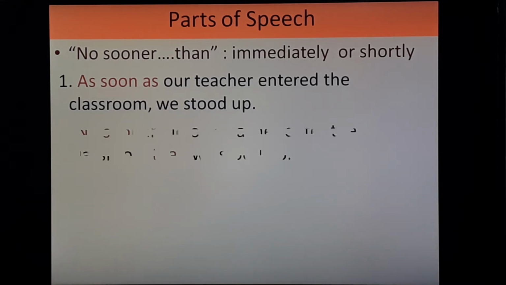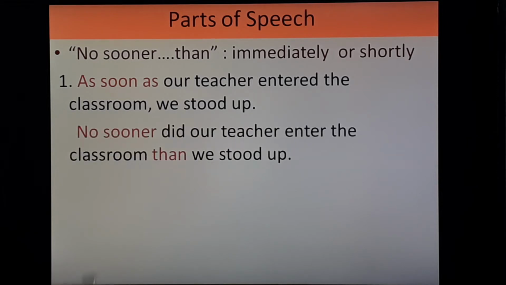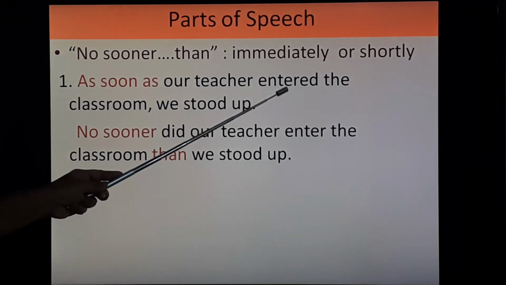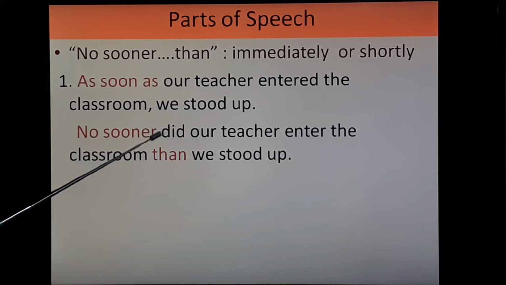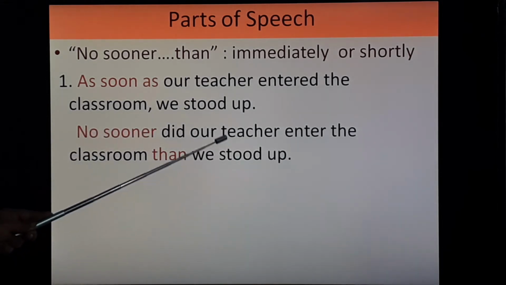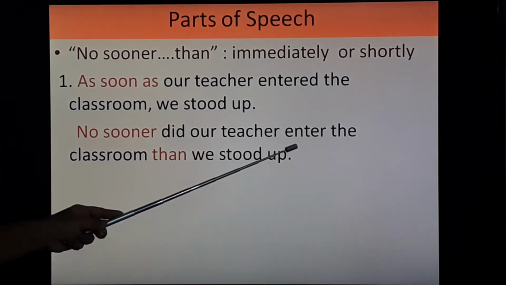Then we are turning this as soon as into the no sooner than construction. So how to turn? First of all, you have to write no sooner. After that, you have to go to the verb. Here entered, that is the V2 form, simple past. That is why you have to write did. After that, our teacher, that is the subject, and enter you have to write.